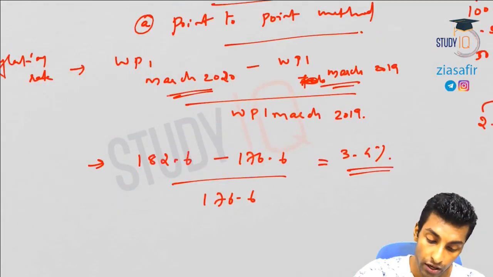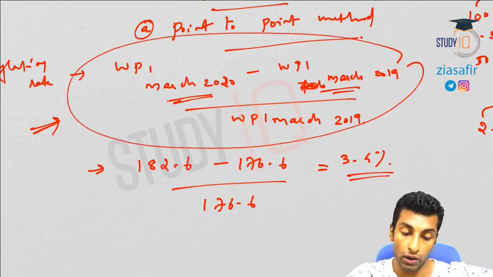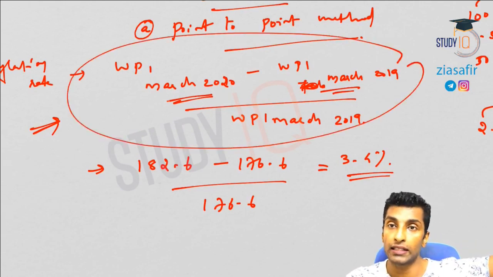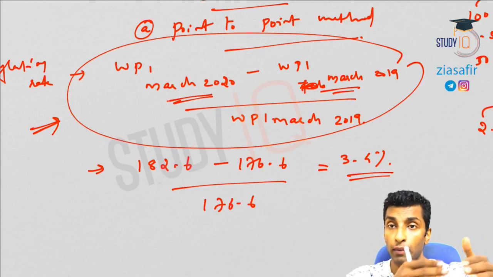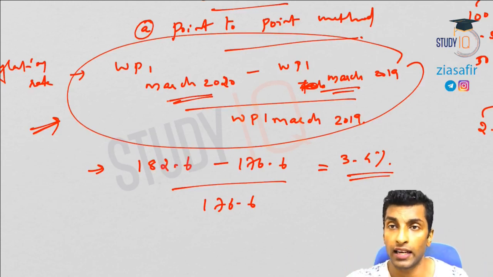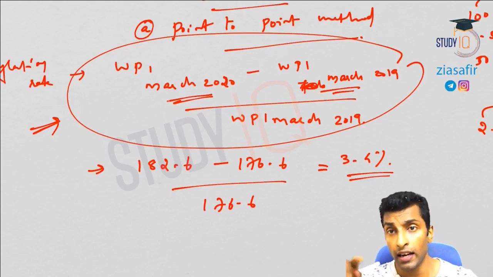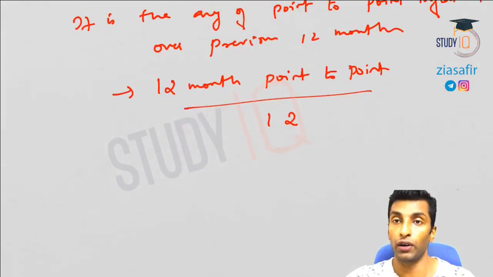So how is it done here? You can see here, March 2020, this is how you calculate, right? Similarly, 2020 Jan you calculate, 2020 Jan WPI minus 2019 Jan WPI divided by 2019 Jan WPI, and 2020 Feb also you will calculate, 2020 March, 2020 April, add everything divided by 12. That is what you will do here.